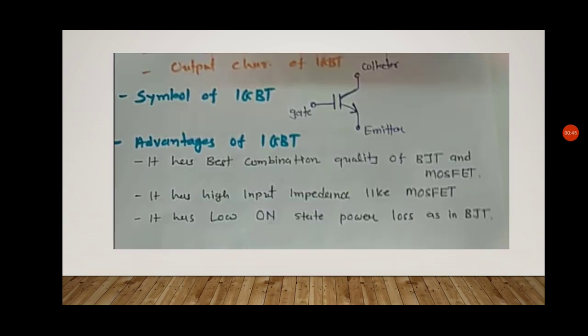Now to begin with, this is the symbol of IGBT, where we have the three terminals, the gate, collector and the emitter. The symbol combines that of a MOSFET and a BJT.